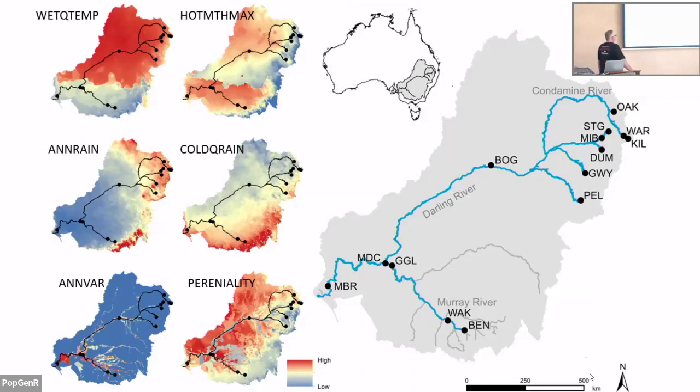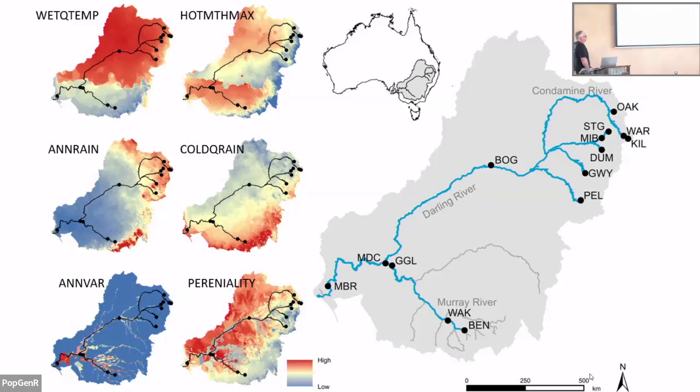The Murray Darling basically has the Murray River, which goes along the border between Victoria and New South Wales for a lot of its course. The other major river is the Darling River, which comes down from the northeastern end of the basin.